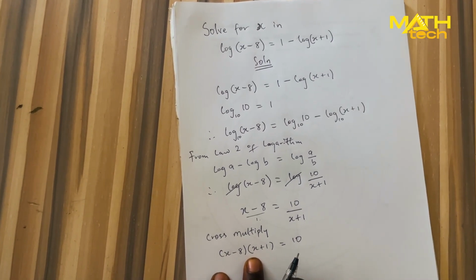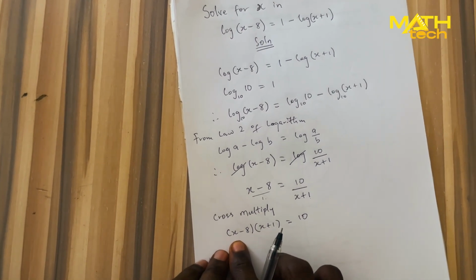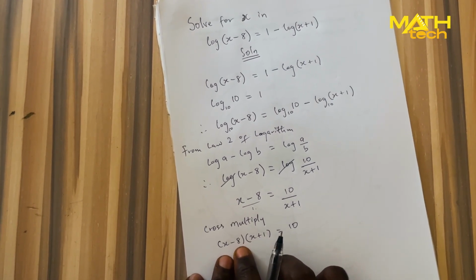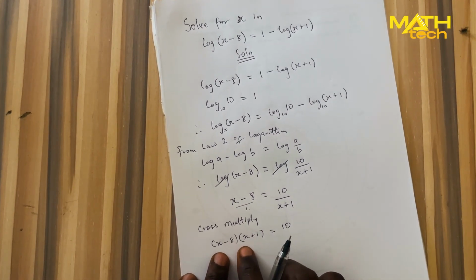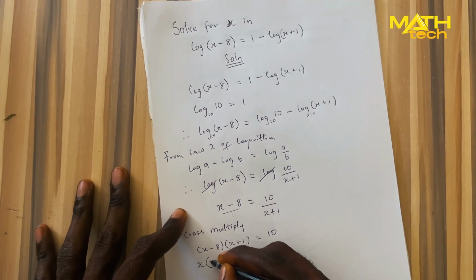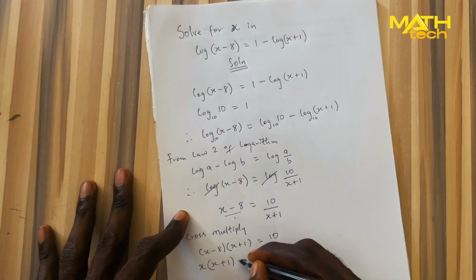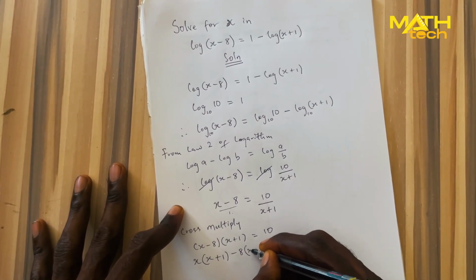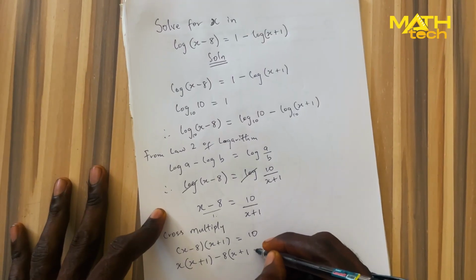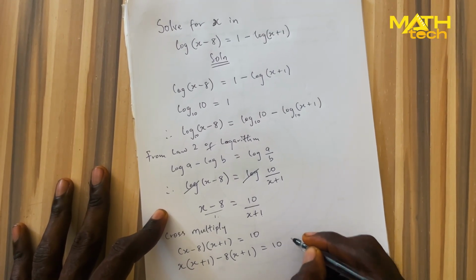Expanding this bracket, you pick each value from the first bracket and multiply through the second bracket. That gives us x(x + 1) - 8(x + 1), equal to 10.